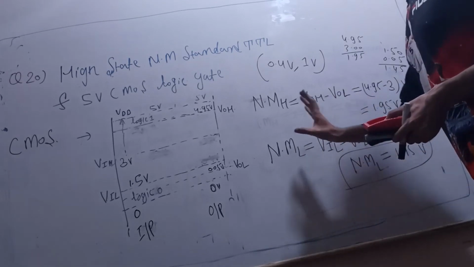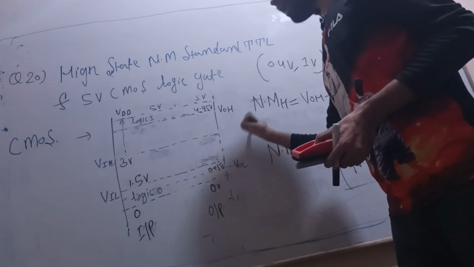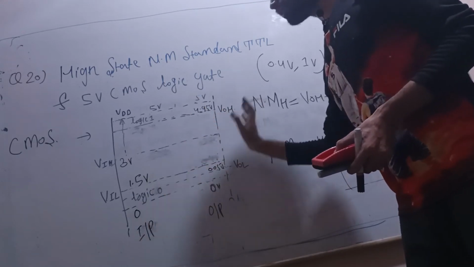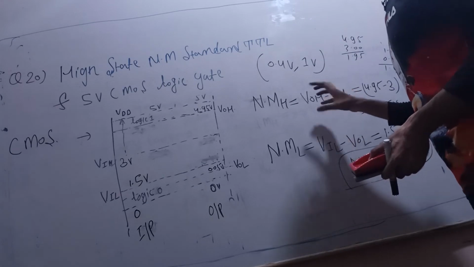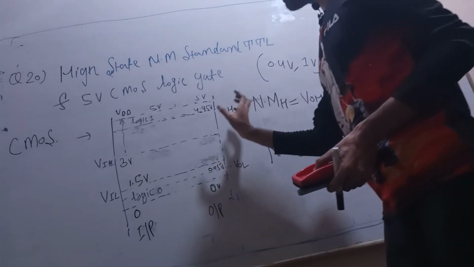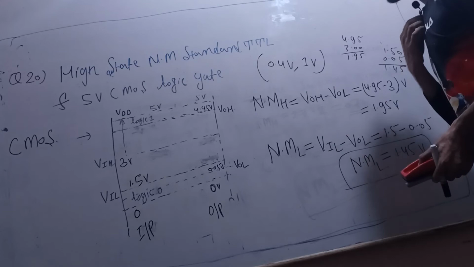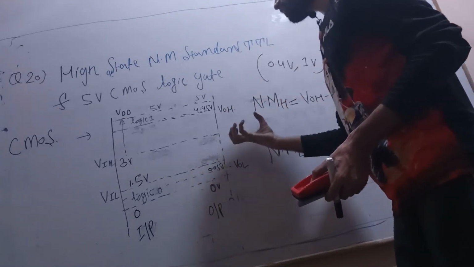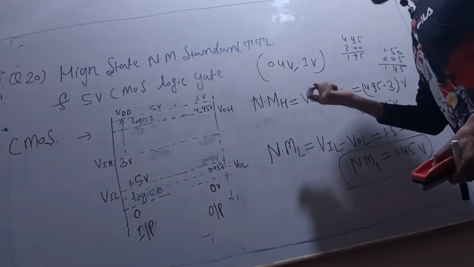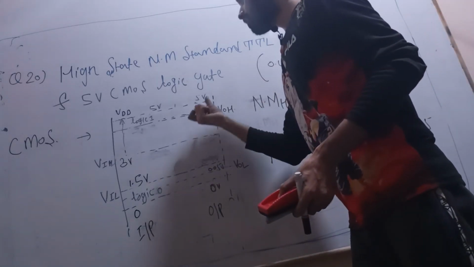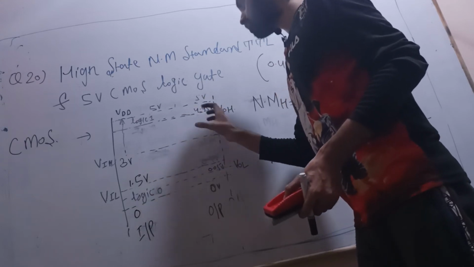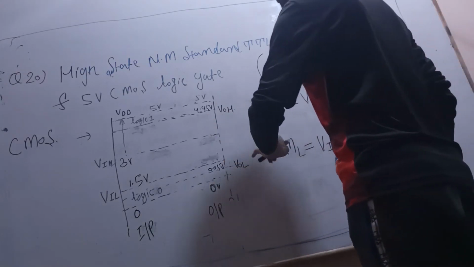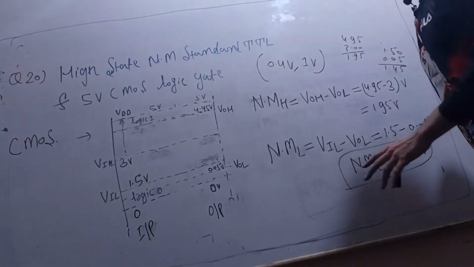Noise margin means how much margin the circuit has about noise, so that it works properly without any effect on the operation.